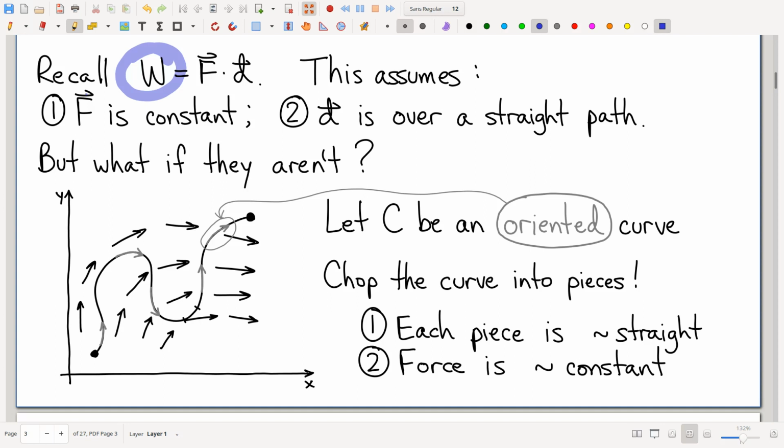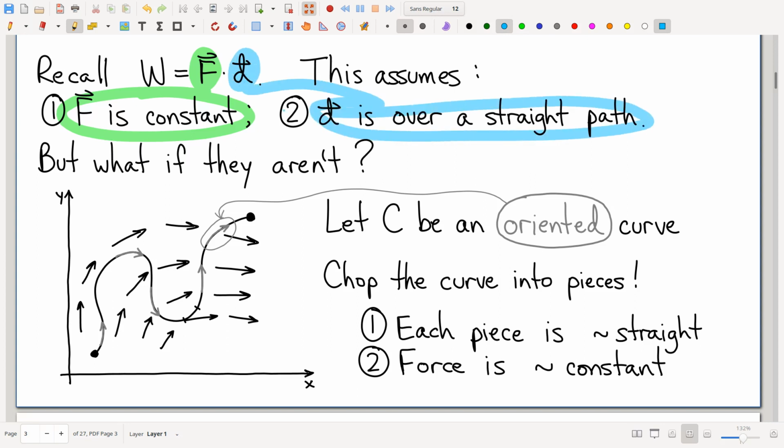We improved that significantly by realizing you can just rewrite it as a dot product. And a lot of that asterisk just disappears. That said, it does remain that when you're talking about work, using this formula, we are assuming the force is constant over the entire displacement. So there is that. And we are assuming that the displacement is in a straight path.